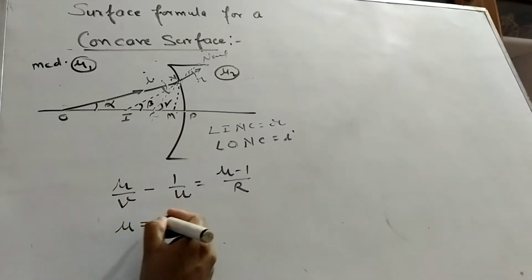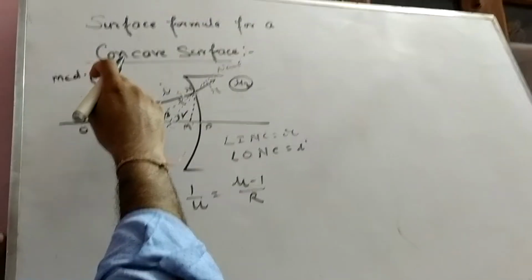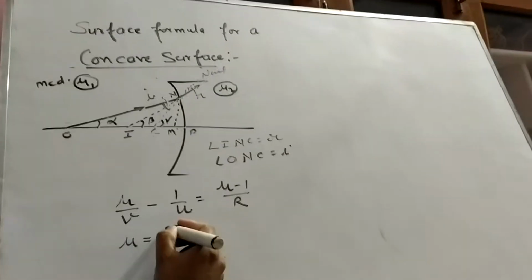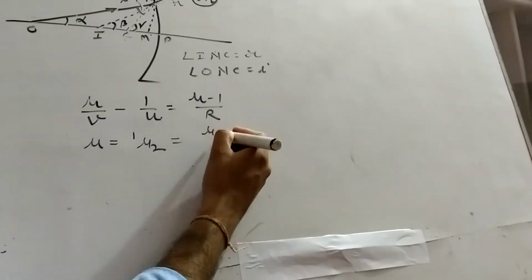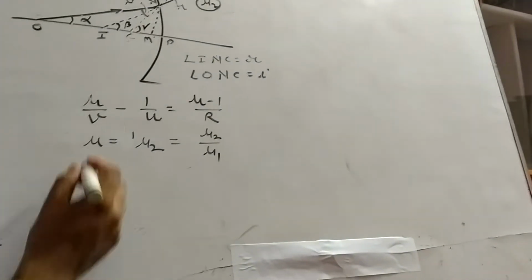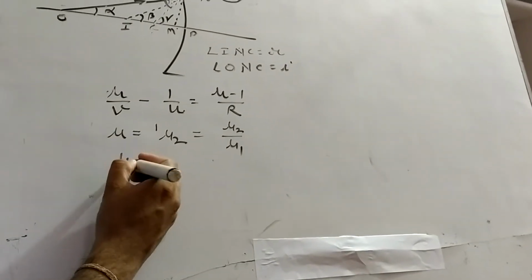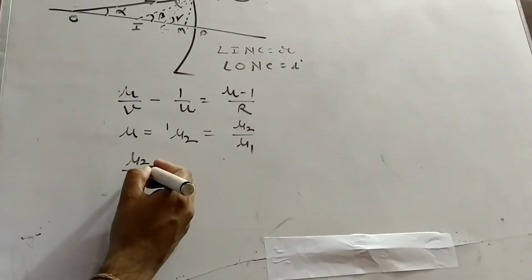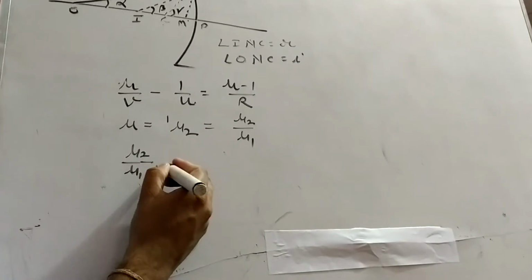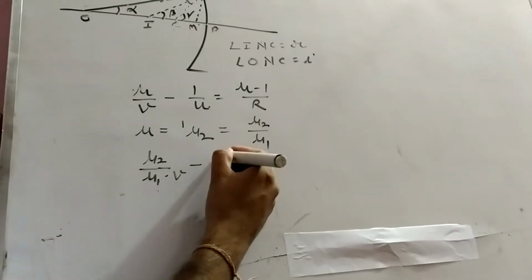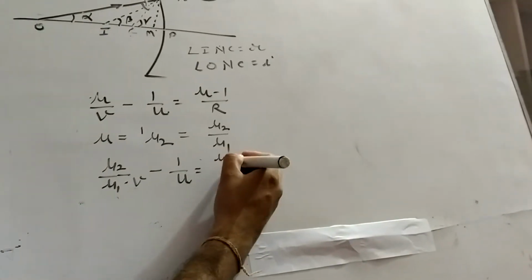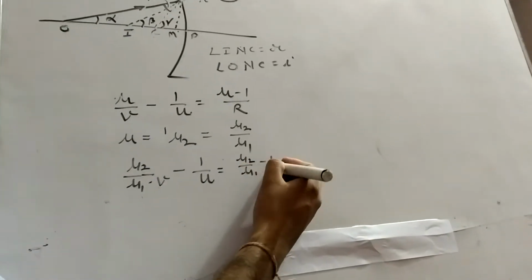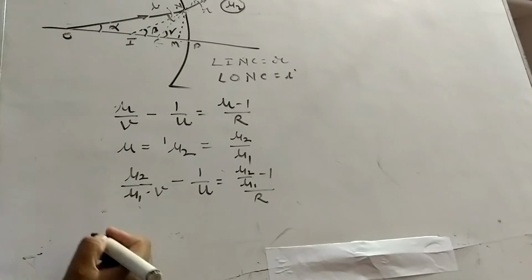Here mu means the ray moves from medium first to second, so 1mu2 means mu2 upon mu1. So we can write mu2 upon mu1 into V minus 1 by U is equal to mu2 upon mu1 minus 1 upon R.